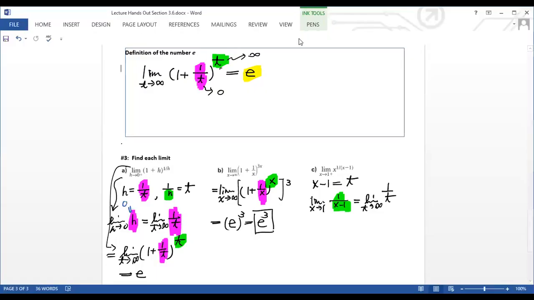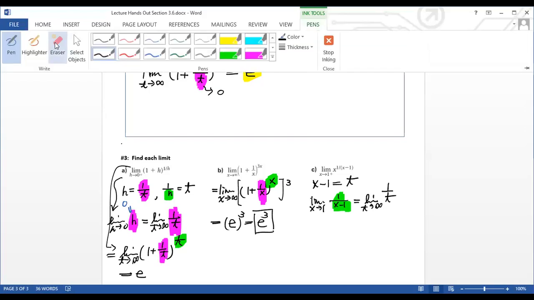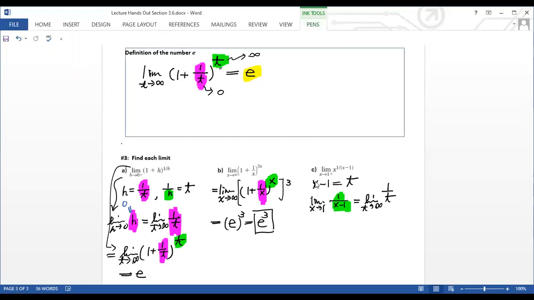Okay, so let's try to redo this so it will not cause confusion here, because I think I did not make this very clear. So let's do this one here. This is 1 over x minus 1 here, so let's set t as the exponent.